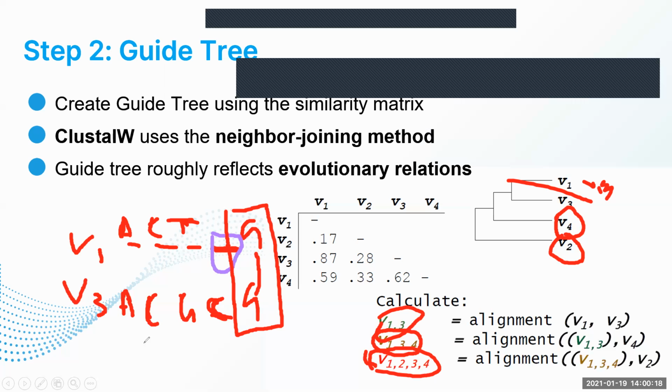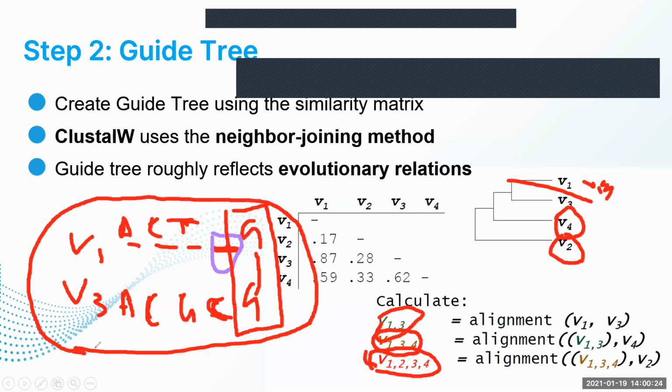Now suppose you have the final alignment, V13. Then you align that with V4. When we try to align with V4, we already have a gap here, because I put a gap for V1 in this place. That gap is there when aligning with V4.